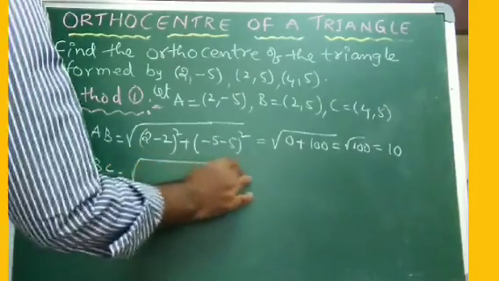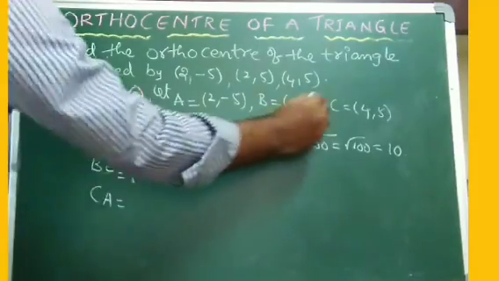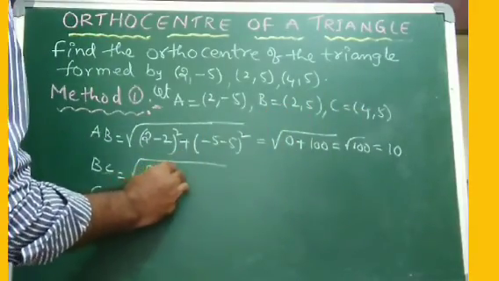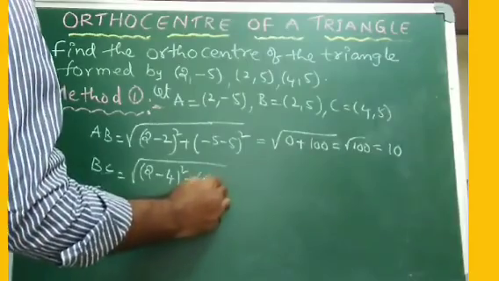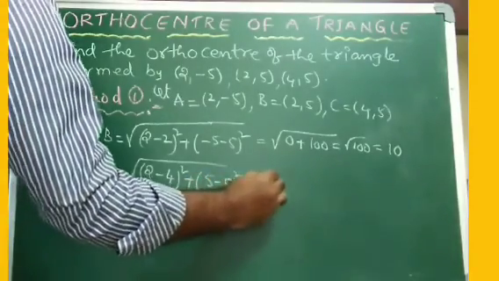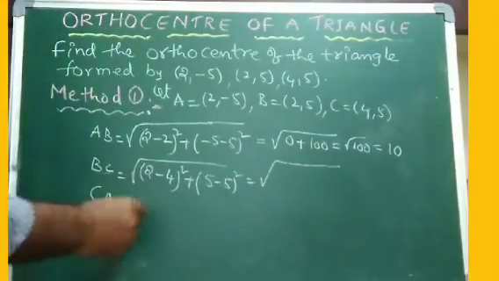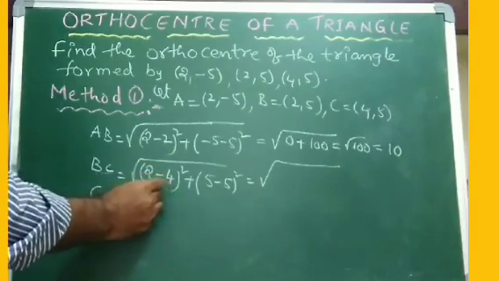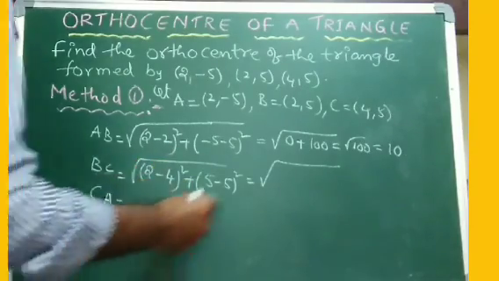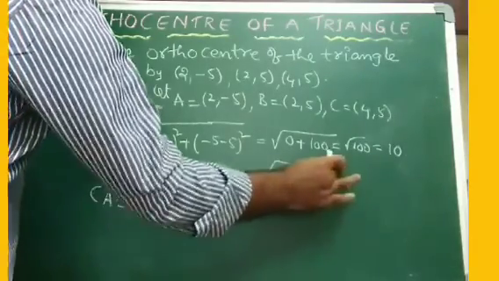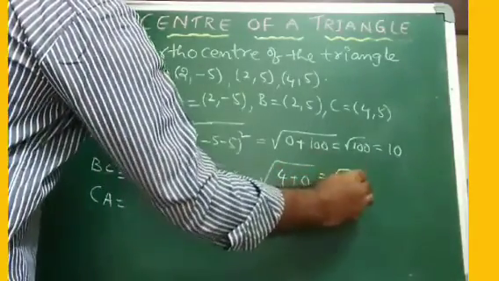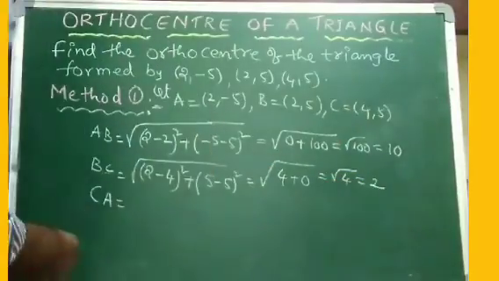Now coming to the distance between B and C. Once again, (x1 minus x2) whole square plus (y1 minus y2) whole square. 2 minus 4 is minus 2, and the square of minus 2 is 4, and the y part is 0. So root 4, which equals 2.